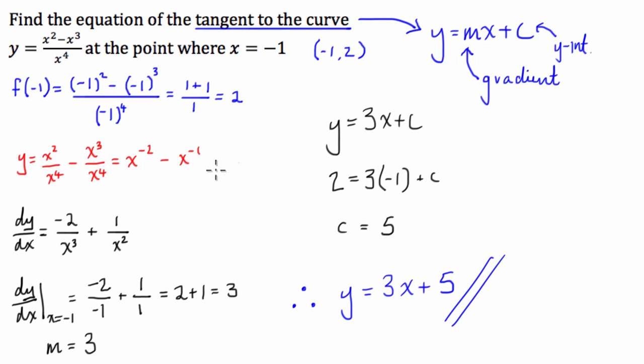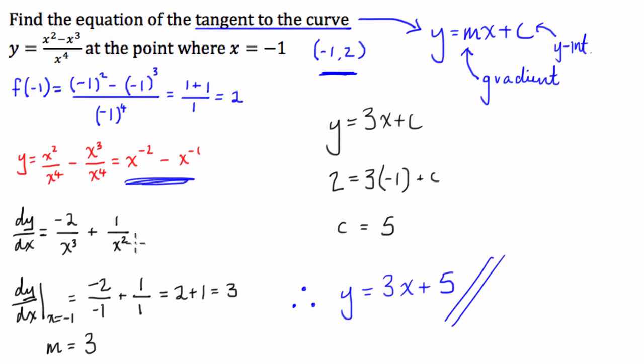So, basically what we've done here is we've figured out what the y value is, or the corresponding y value at the point x equals -1 of our function. So we can actually get a point where the tangent line is going to intersect the curve. What we then do is we rearrange this formula so we could get it to a type of function which it was easier for us to differentiate.